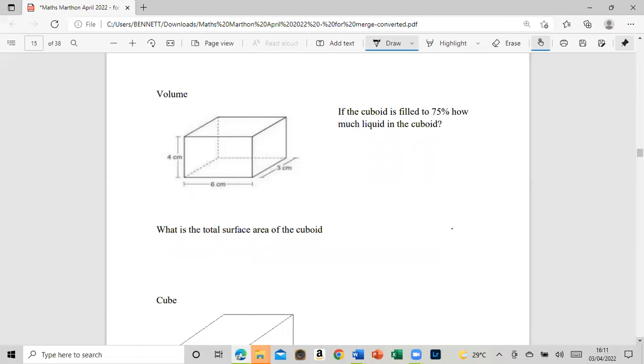Yes, sir. All right. So it says if the cuboid is filled to 75%, how much liquid is in the cuboid? How do we find the volume of a cuboid? We discussed it earlier. We didn't actually do it, but we were talking about it with the phone. You guys probably don't even remember.